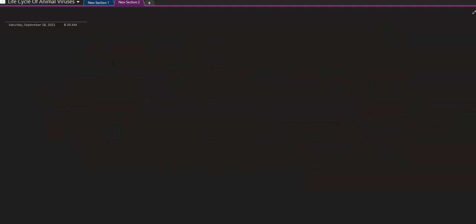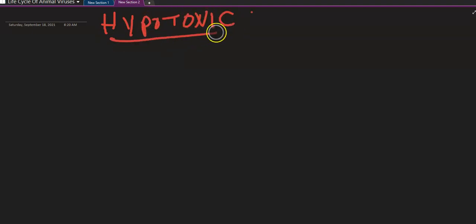Okay, so now we're going to look at changing conditions here, all right? Okay, so now we're going to look at hypotonic. What does the word part hypo mean? Hypo means below. All right, hypo means below.